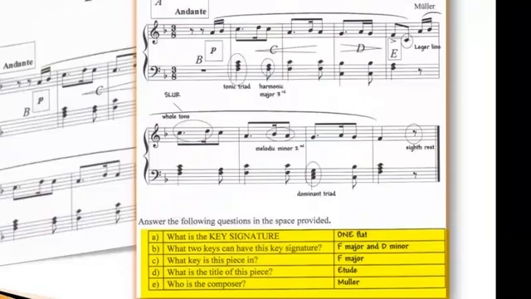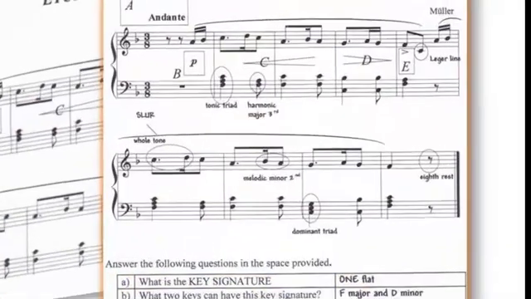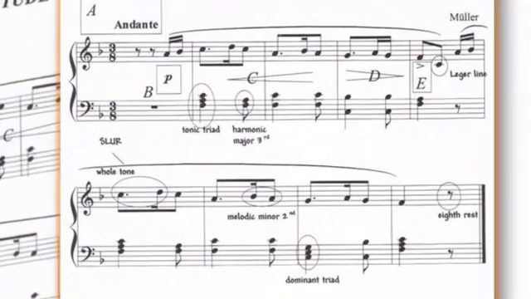Do you see some of the other questions would involve some of the things that are circled? You may be asked to find and circle a tonic triad. A tonic triad in F major would be an F major triad. So you can see that that's circled in the second measure. And then right after that, what's circled is a harmonic major third.